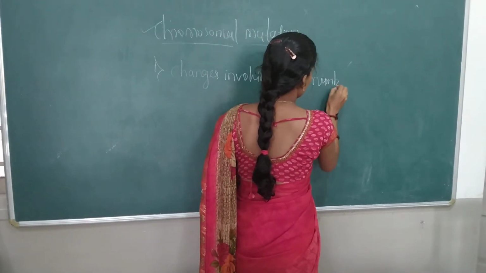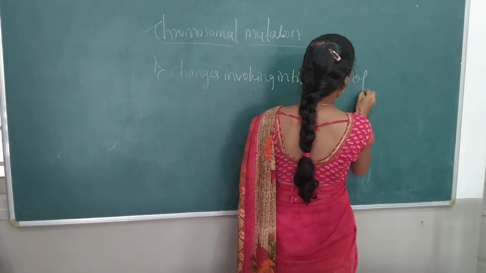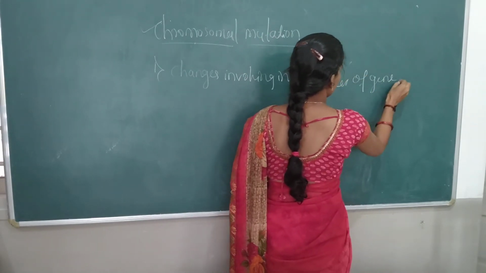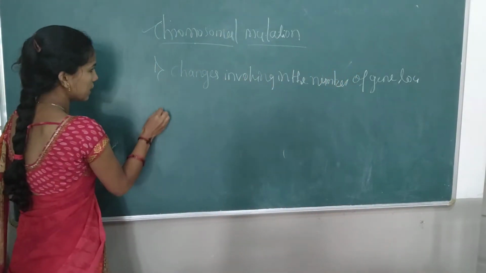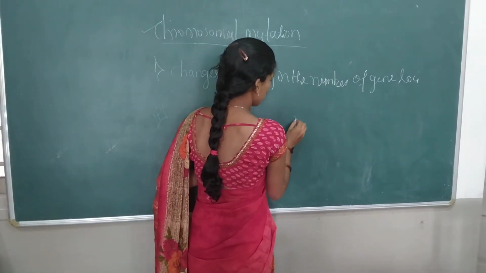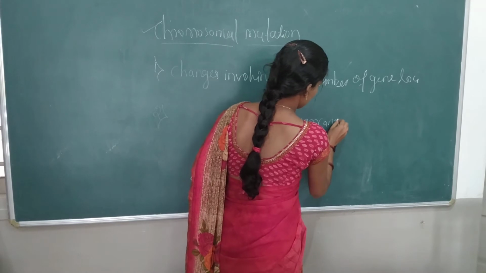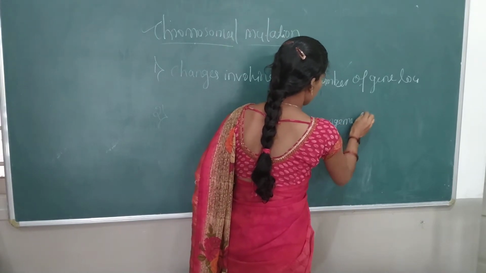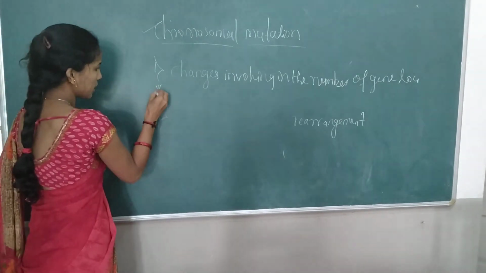Second, we have changes involving the rearrangement of the gene loci or the genes. Based on these two types, the subtypes are there.